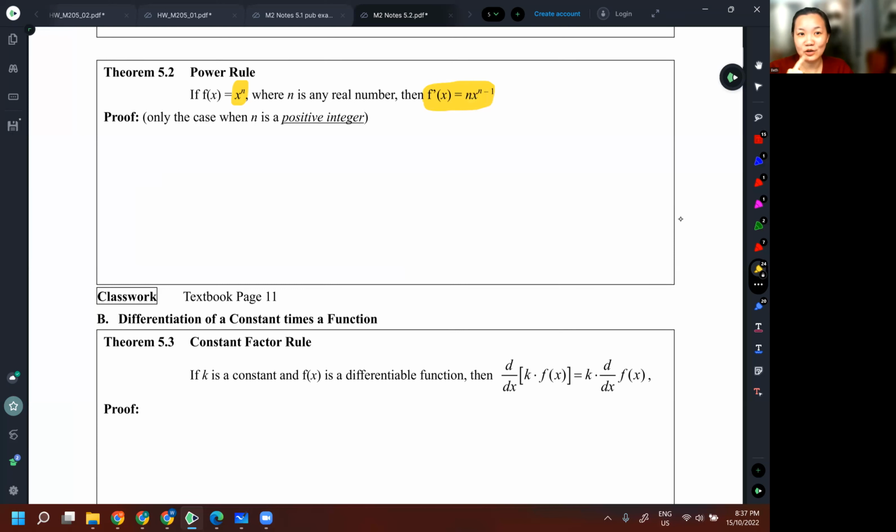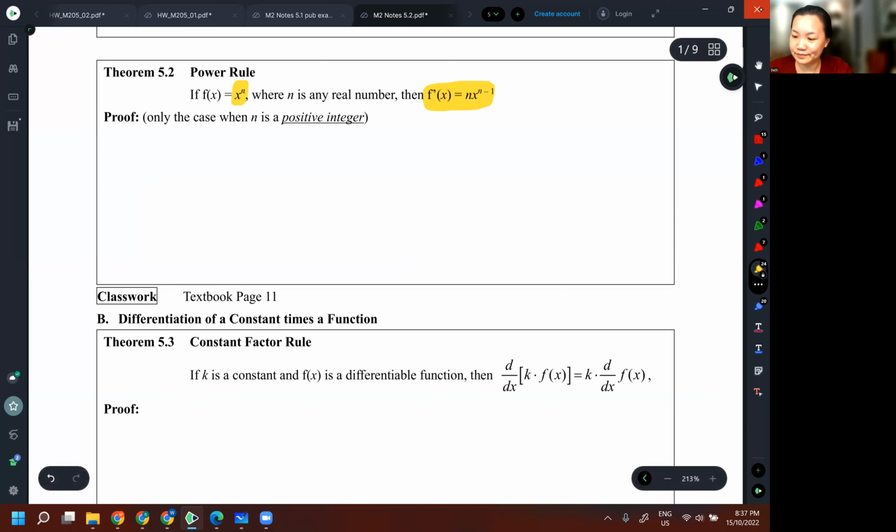But the good thing is the result still holds for any value of n. Later on, you will see me prove other cases, but it cannot be done today. Over a few weeks, we will prove 90% of it.